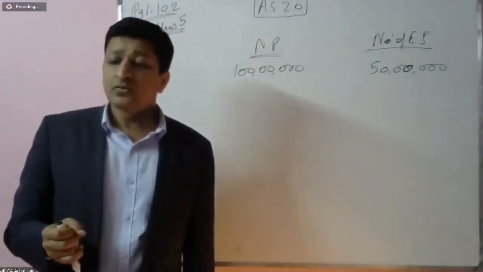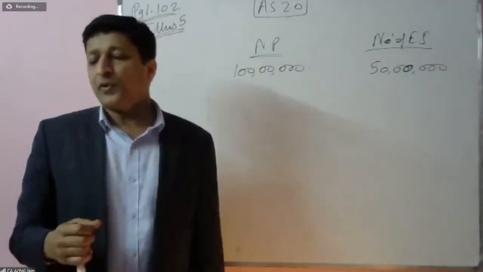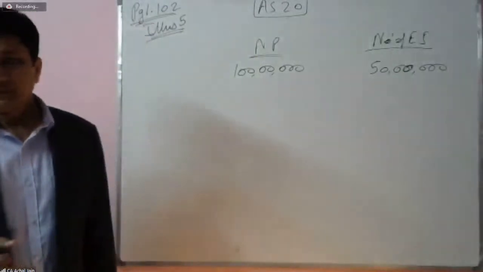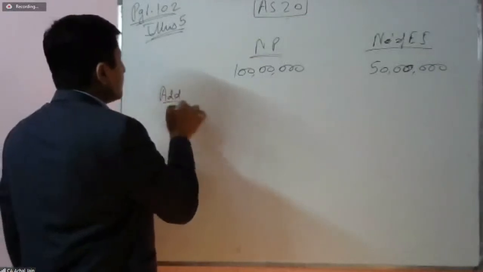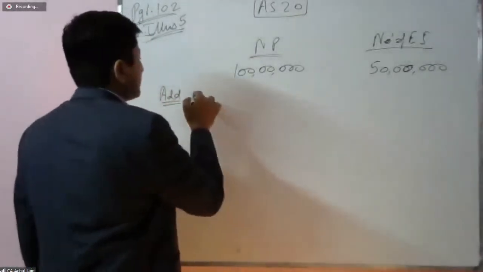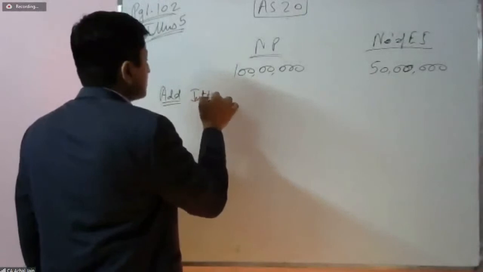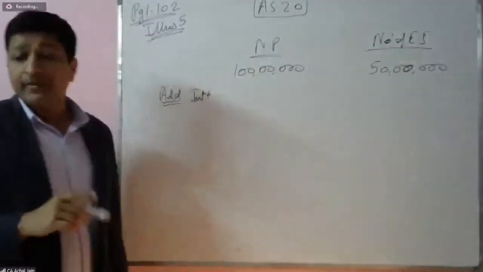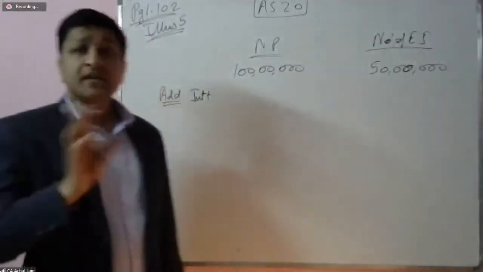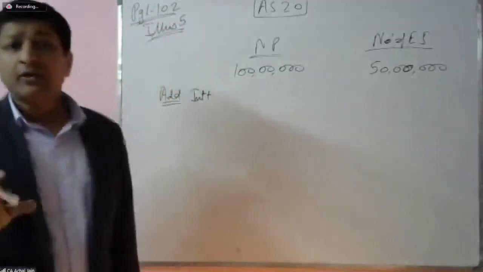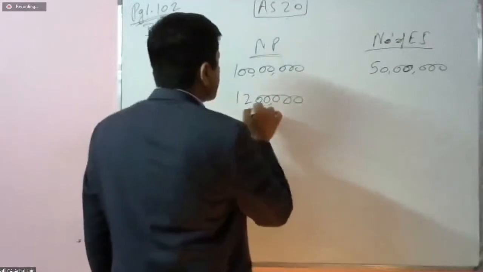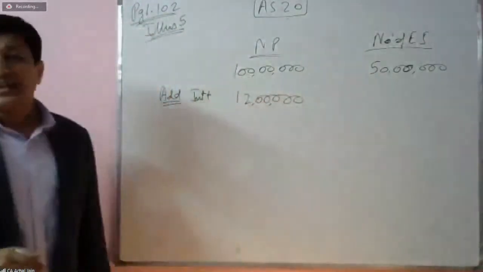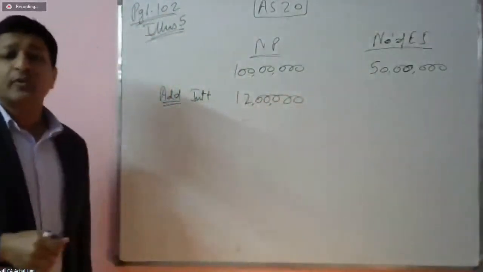The next thing is to compute the adjusted profit. So now, to this, what do we add? Interest. Interest will be added back. Why? Because it will not be paid. So we will add interest. And on this interest, tax will have to be reduced.